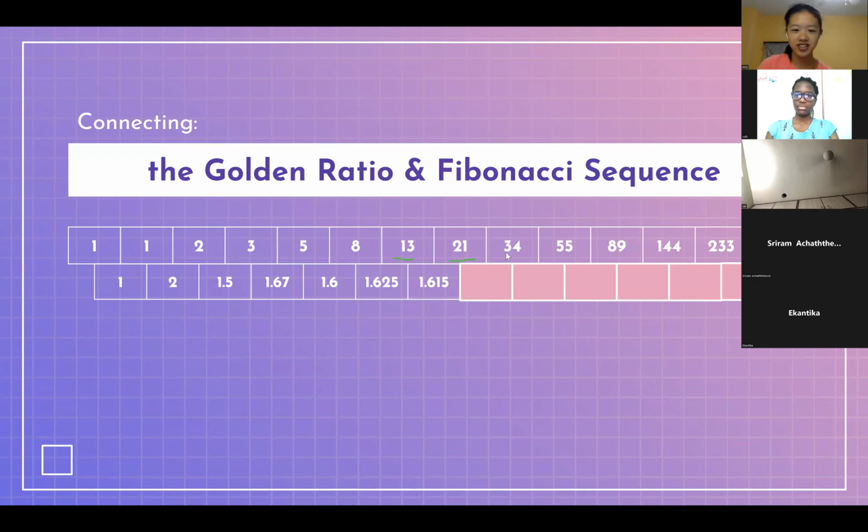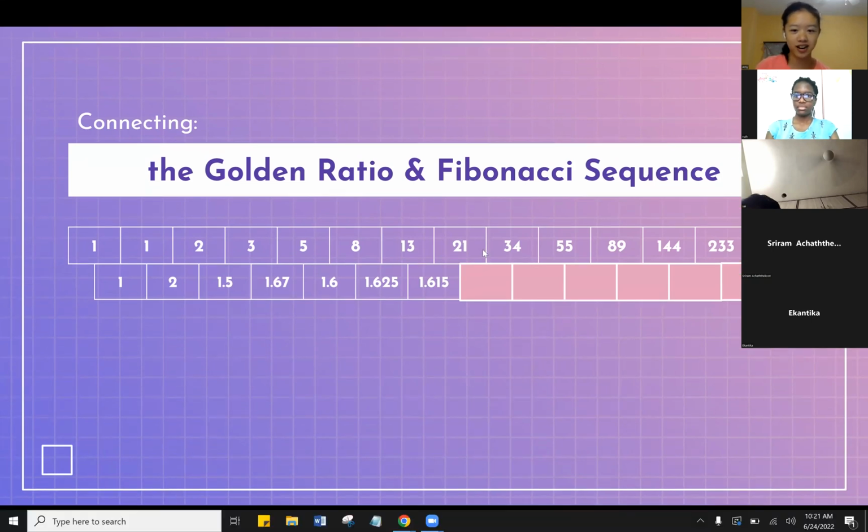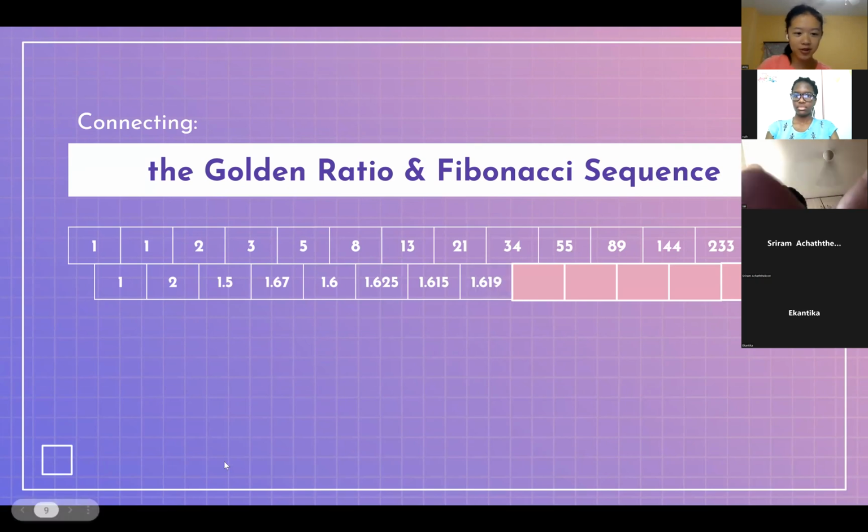So what is 34 divided by 21? Yeah, it's 1.619. 55 divided by 34? It's around 1.618. So you might be starting to notice a pattern.